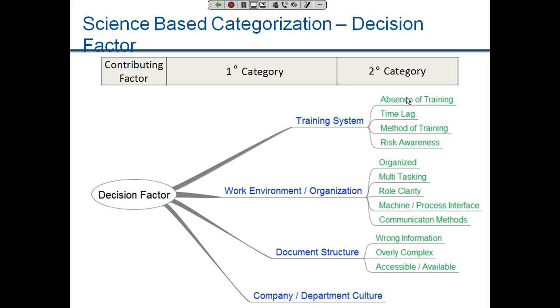If it has to do with document structure, for instance, something was clear, the wrong information may have been present in a document, and as a result, the wrong decision was taken. So if we were to stop at category 1, we don't really get a lot of information. If we go to category 2, because we've been able to build that out through our investigative process, we get quite a bit more data.